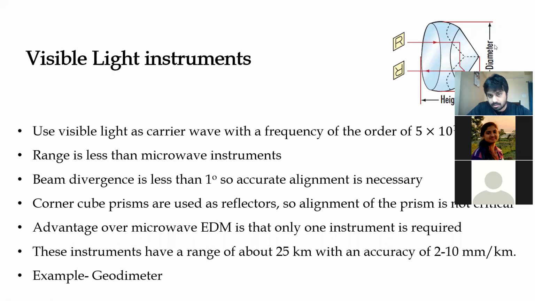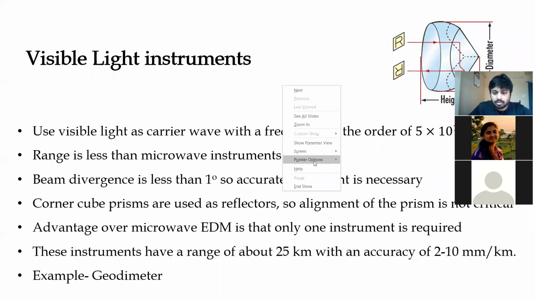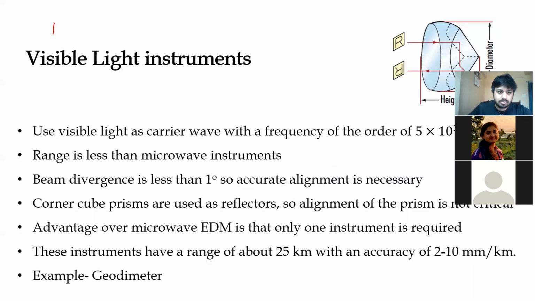If you remember, for the microwave type of instruments, two instruments were required. One was called the active instrument, and one was the passive instrument. The active instrument sends the microwave signal.